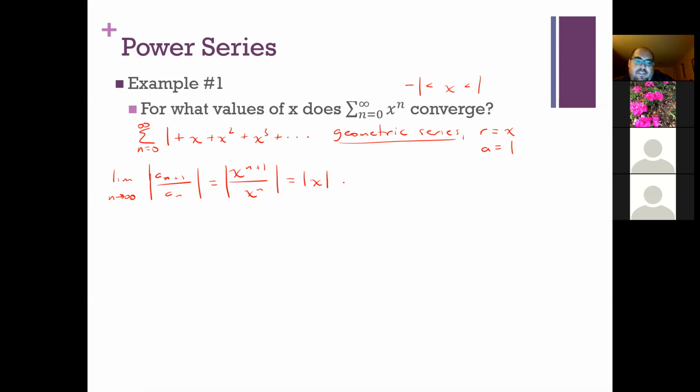And remember, the ratio test only gives me convergence if the limit is less than 1. So absolute value of x less than 1 is equivalent to that. The absolute value of x less than 1 means that x is within 1 unit of the origin. Another way to say that is this, which is the answer we knew we were looking for.